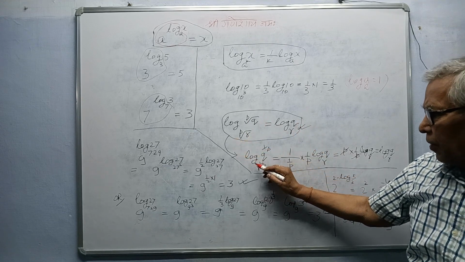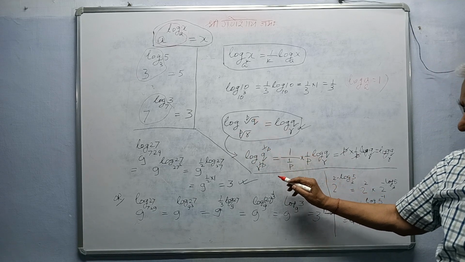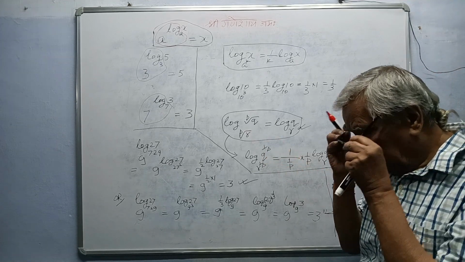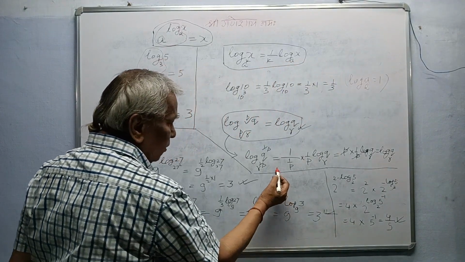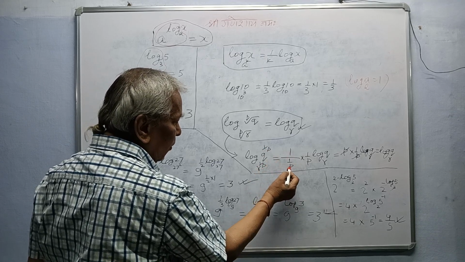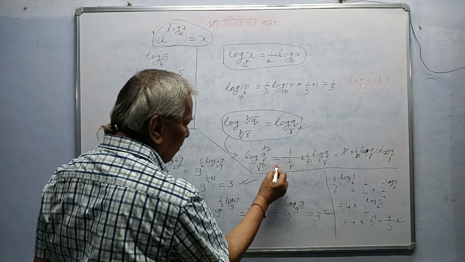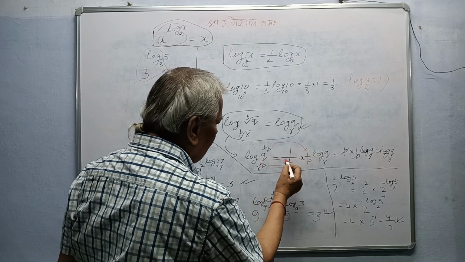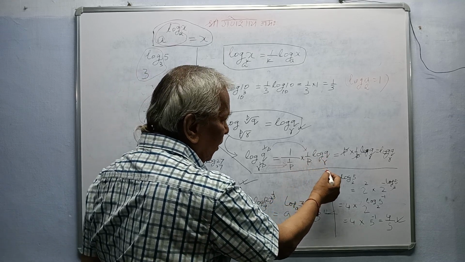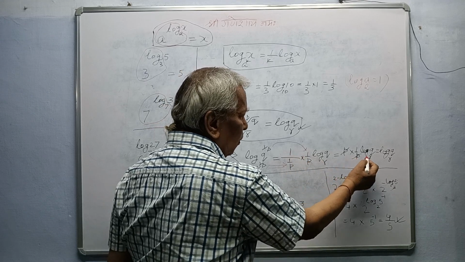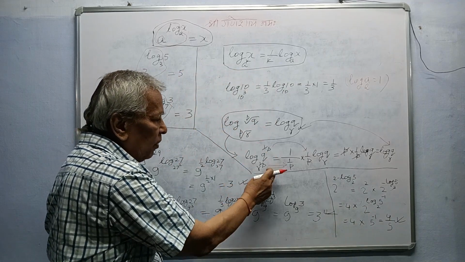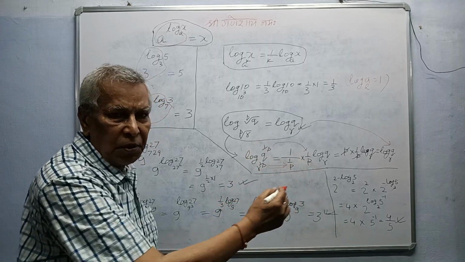This can be written as log q to the power 1 by p divided by log r to the power 1 by p. So this is equal to, this will come out here, 1 by p, and this will come here, 1 by p. This 1 by p comes from here, and this 1 by p comes from here, from the power formula of n into m in multiplication. So this is log q upon log r. So p into 1 by p, equal to log q to the base r. This result has come. You can also apply it directly, but if you know it, it is done immediately and saves time.